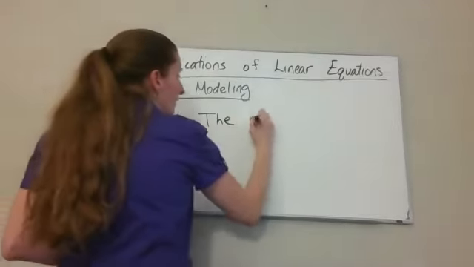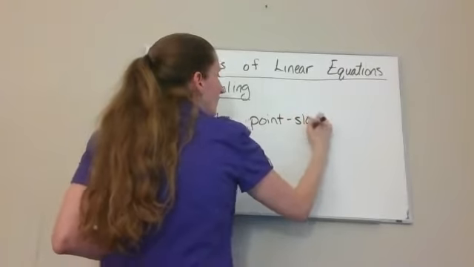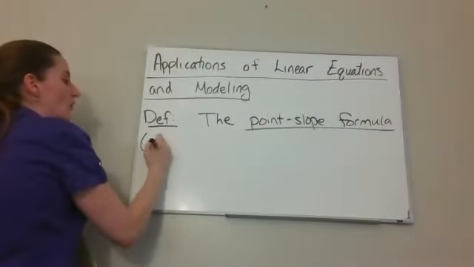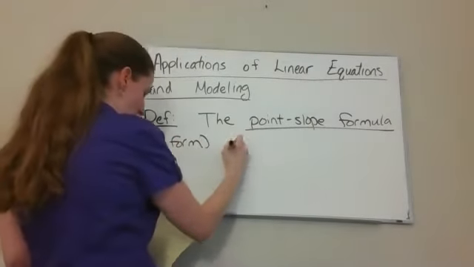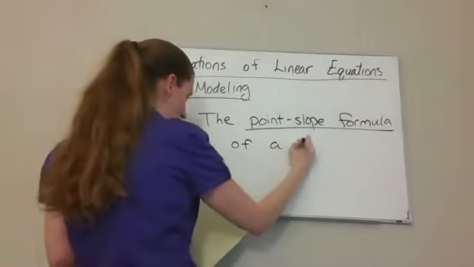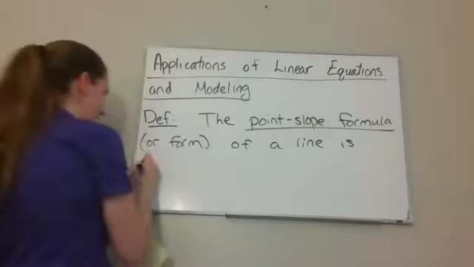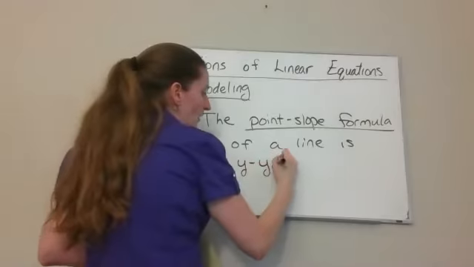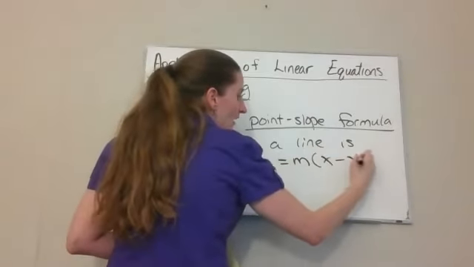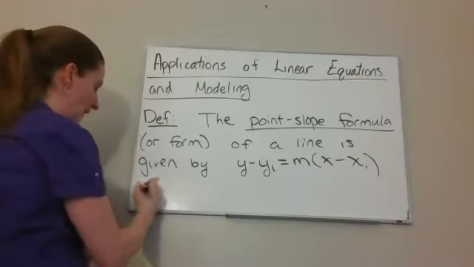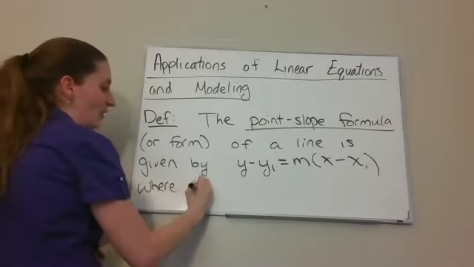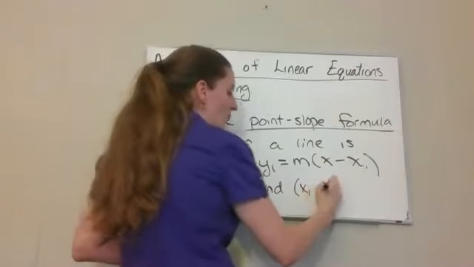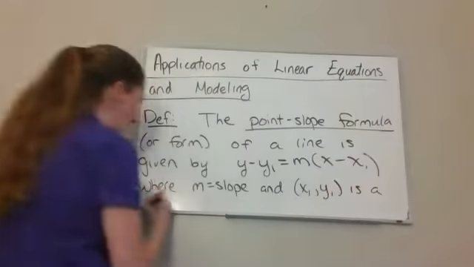The point-slope formula, or point-slope form, of a line is given by y minus y1 equals m times x minus x1 in parentheses, where m is the slope and (x1, y1) is a point on the line.